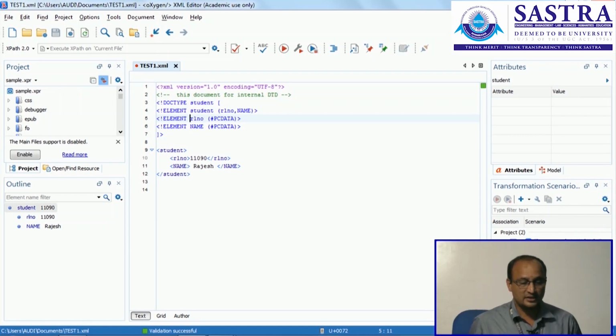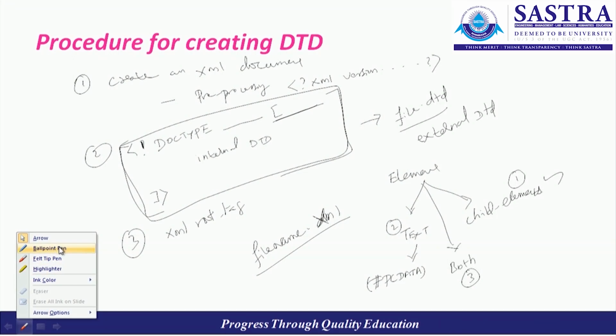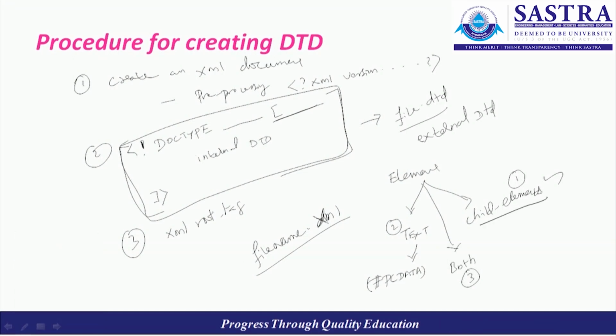We know that an element can be of three types: an element can have child elements, or it can have text, or it can have both text and child elements. So in this part, I have explained how to create an element with children, and also another element which has text.